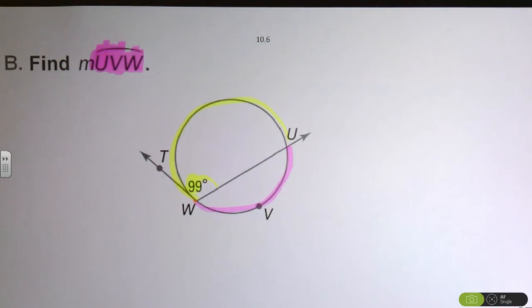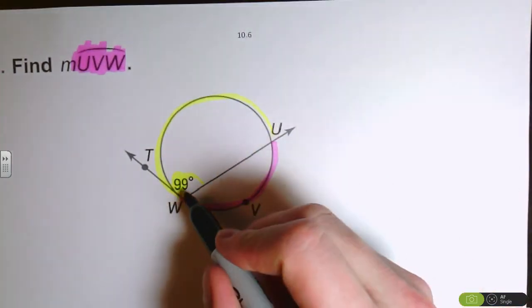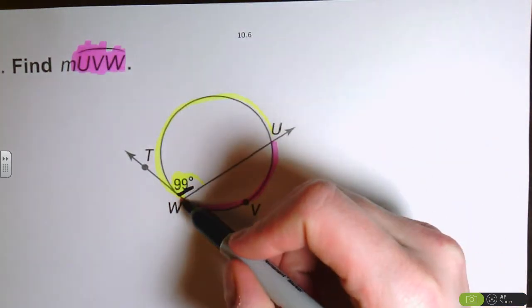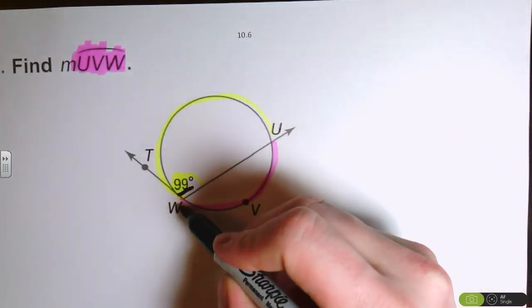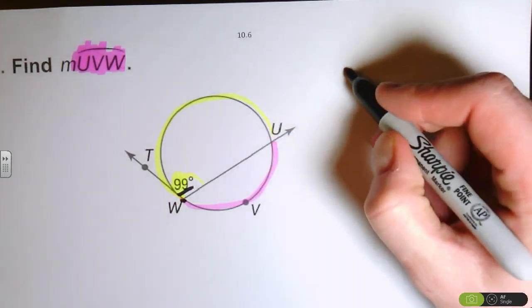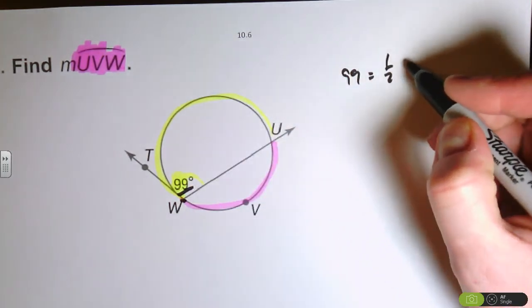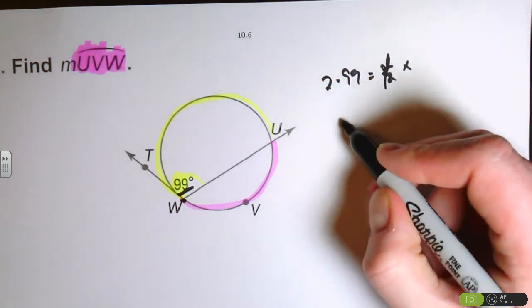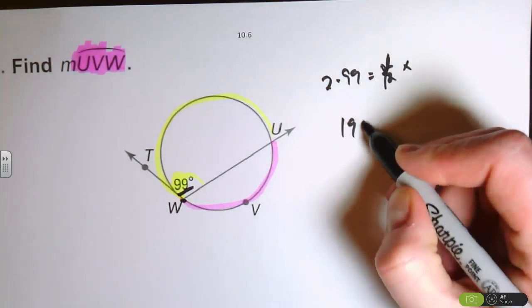So what I'm going to have to do is realize, hey, this angle is half of this arc, because again, it's on the circle, just like an inscribed angle. If your vertex is on the circle, you are half of the arc. So 99 is half the arc. Okay, so multiply by 2, and you get 198 is x.